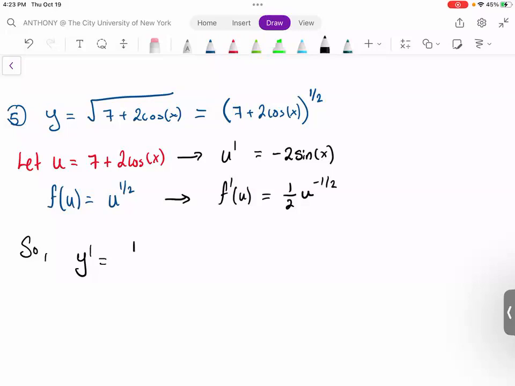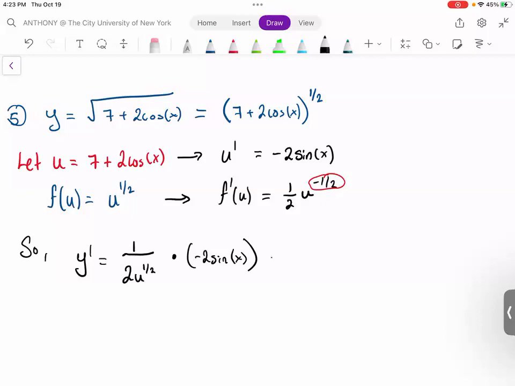That is precisely 1 divided by 2u to the power of 1/2. So please note that because this power was negative, I could rewrite u to the negative 1/2 using positive exponents by bringing it down to the denominator, multiplied by negative 2 sine of x. Now, remember, when you find your derivative, it has to be written in terms of the variable x.